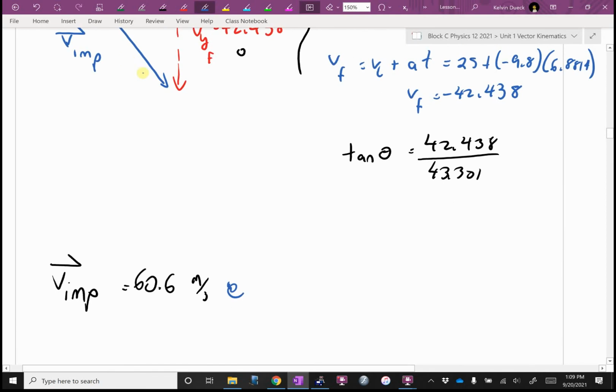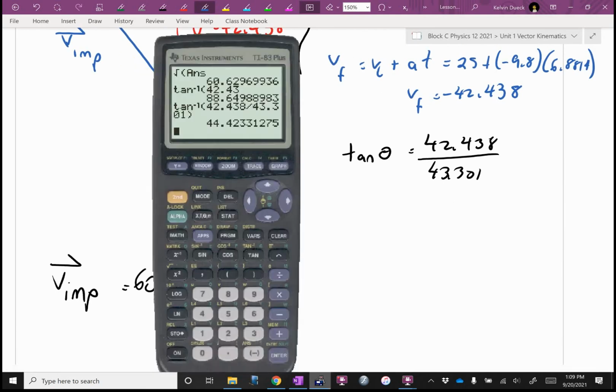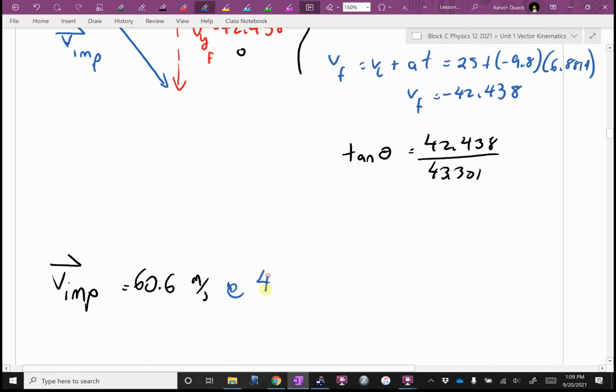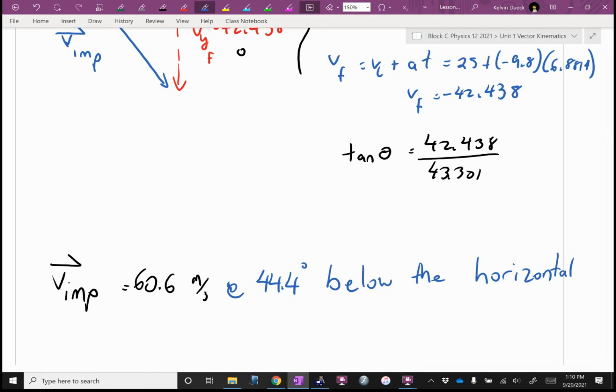We would say at, what was the angle, Mr. Duick? 44.4 degrees below the horizontal. If it was on its way up, it would be above the horizontal. That's a pretty tough question.